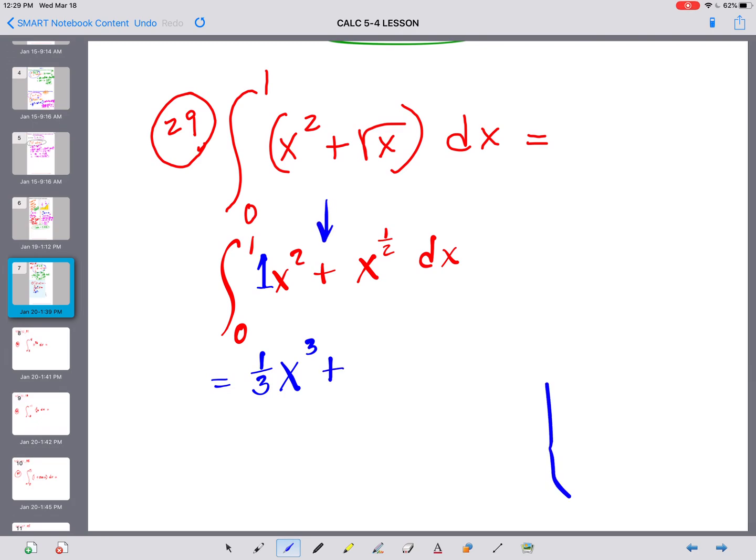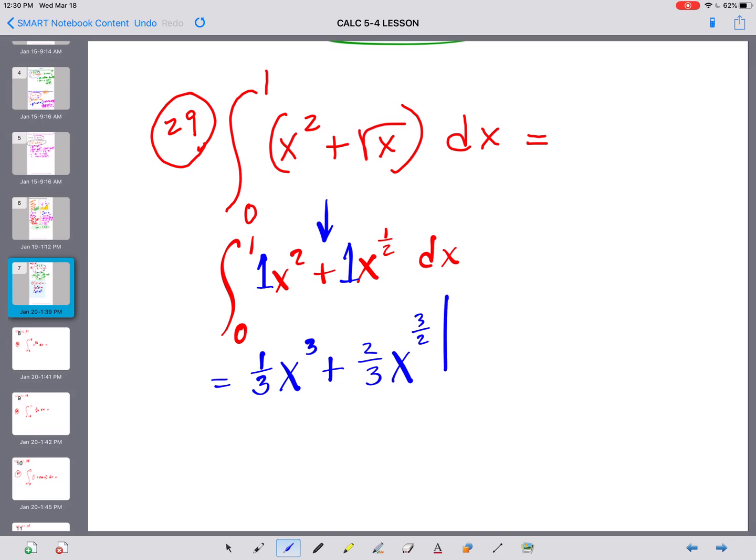Now, the antiderivative of x to the 1/2 is going to be a power function with a power 1 more. A number 1 bigger than 1/2 is 3/2 or 1.5. Now, 3 over 2 times what number gives you the 1 sitting right there? It's going to be the reciprocal, 2/3. There it is. We have both of the antiderivatives.